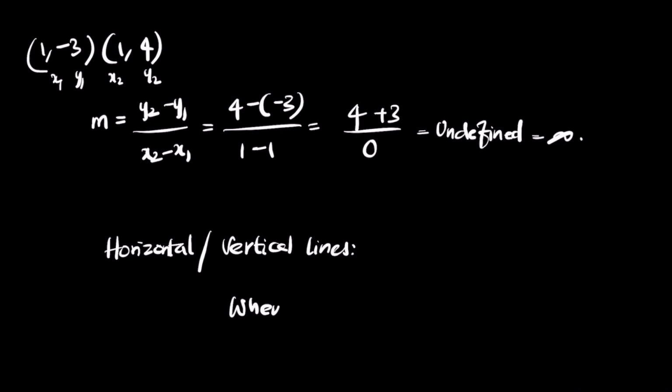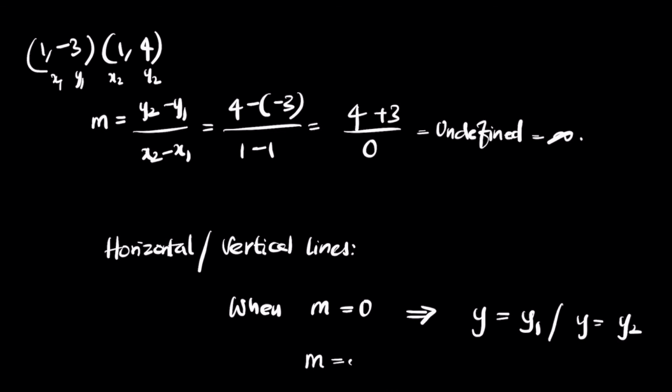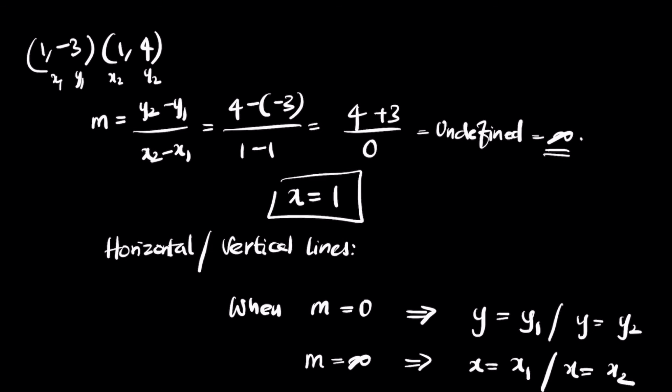When the slope m is equal to 0, the equation for the line is y equal to y1, or y equal to y2, whichever one you want to write. When m is infinity, the equation is x equal to x1 or x equal to x2. For this one, because it's infinity, we can write x equal to x1, x1 is 1, or x2 is also 1. So x equal to 1.